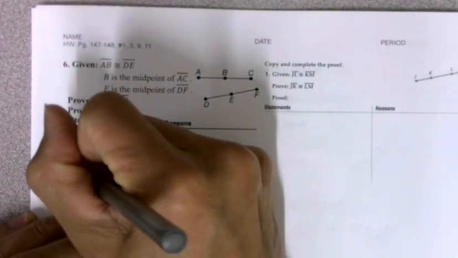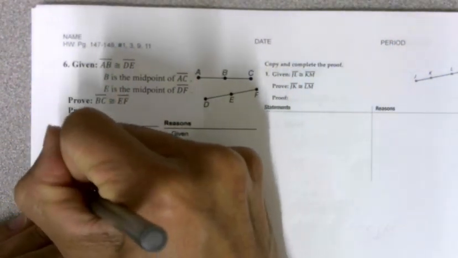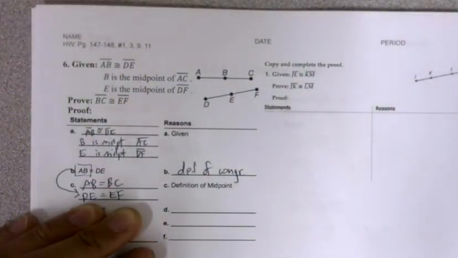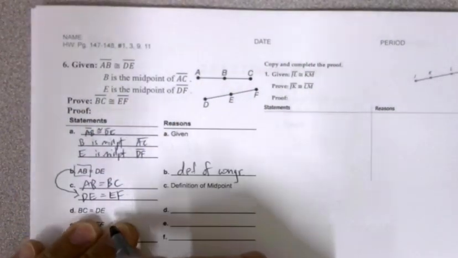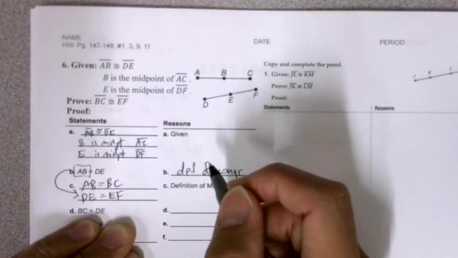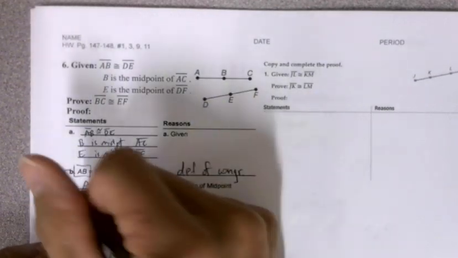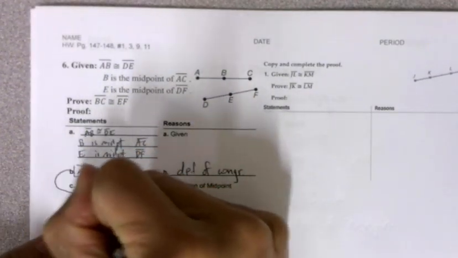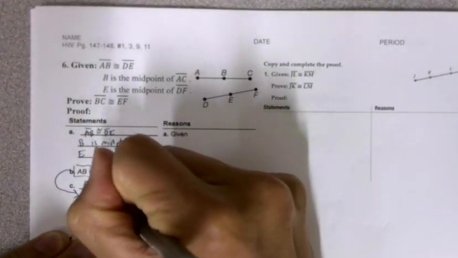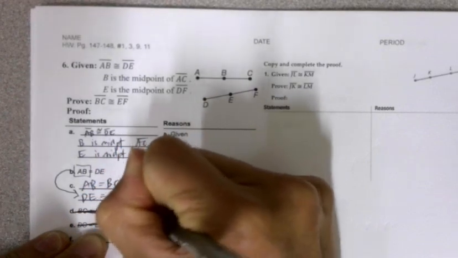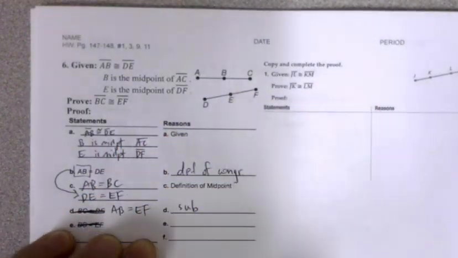I could take this AB and I could put it right there in the place of DE. So I'm going to go ahead and do that. They didn't do that, so let me just erase what they have, and I'm going to put what I have. So I'm going to put AB is equal to EF, substitution.